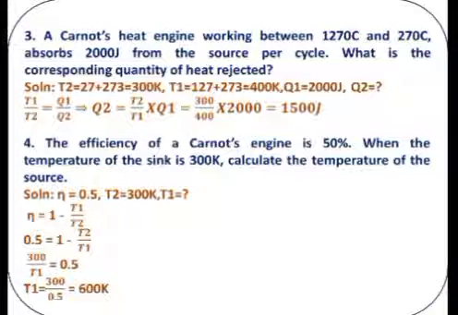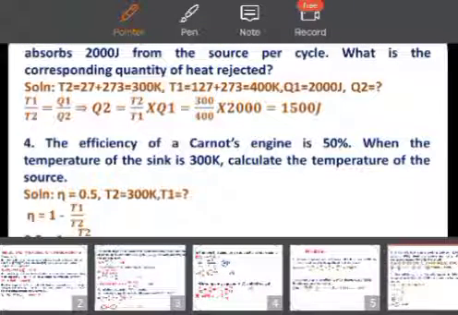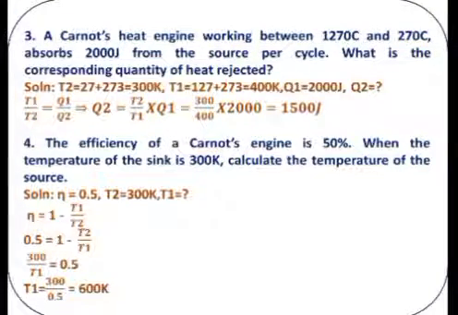Third one: a Carnot's heat engine working between 1270 degree Celsius and 270 degree Celsius absorbs, wait, actually this one is 127, by mistake it is printed as 1270, and this is 27 degree.